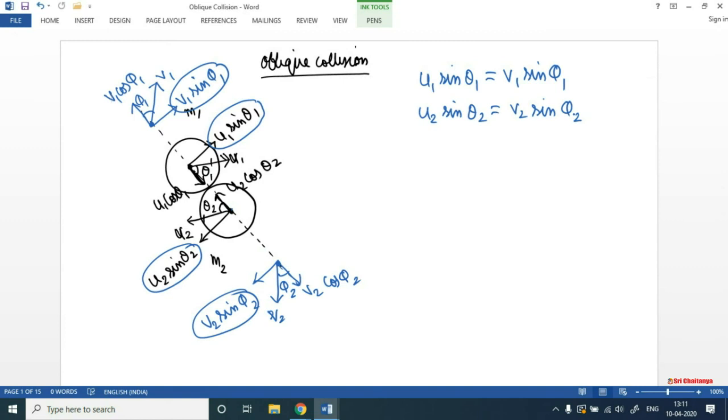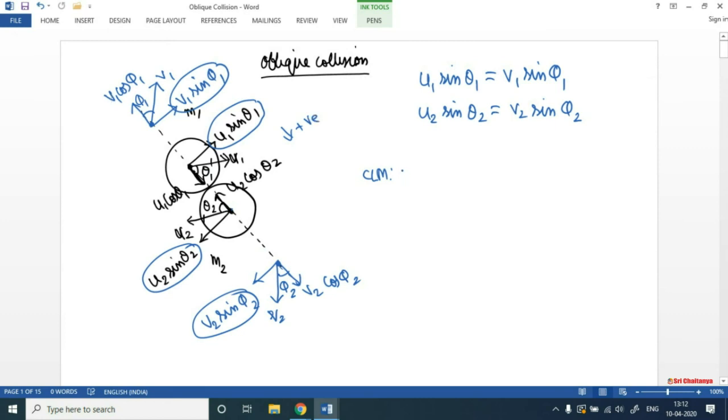Now we are required to find the parallel components of velocity. To find the parallel component of velocity, we have to do the same thing as we did in the case of head-on collision, that is, apply the principle of conservation of linear momentum. Let's take this as the positive direction.